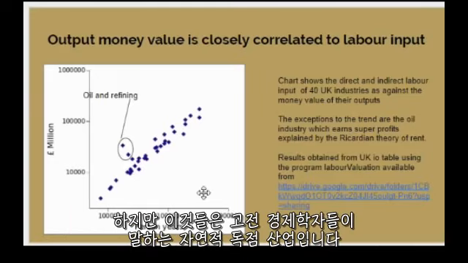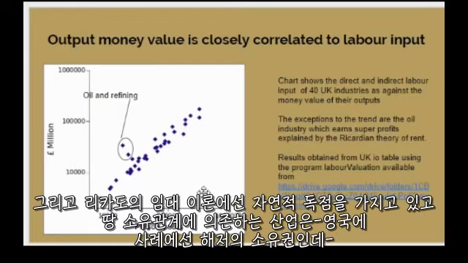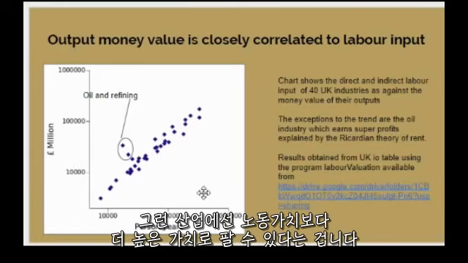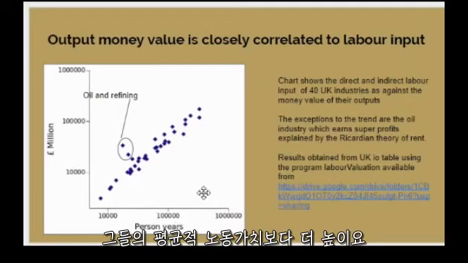But these are what the classical economists call natural monopolies, and the Ricardian theory of rent says that industries which have natural monopolies and depend on the ownership of land, in the British case the ownership of the seabed, can be expected to sell their output at a price that's above their labour value, or above their average labour value.